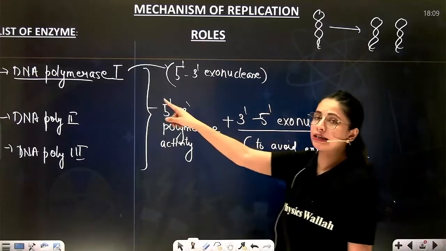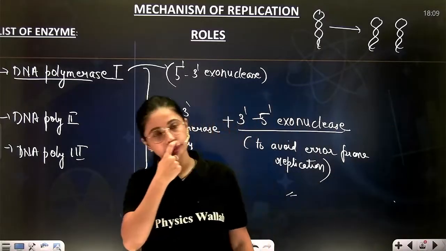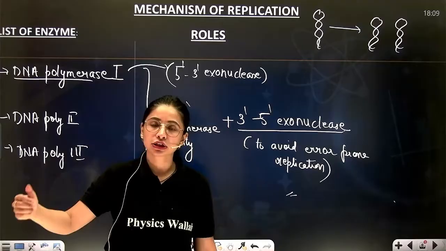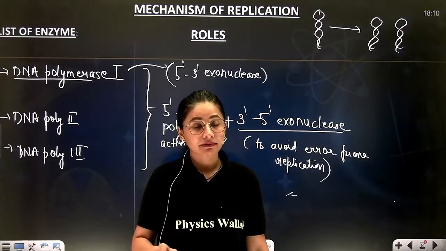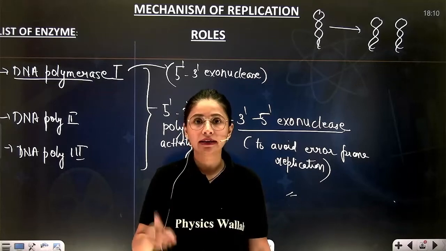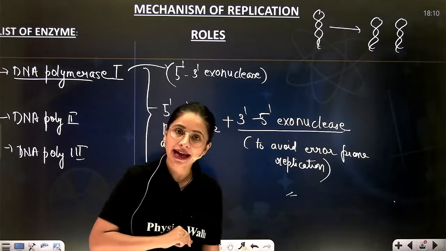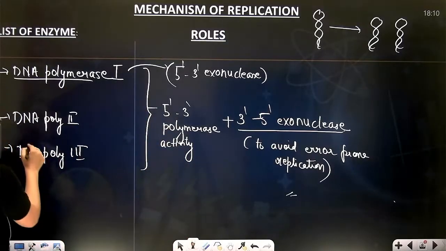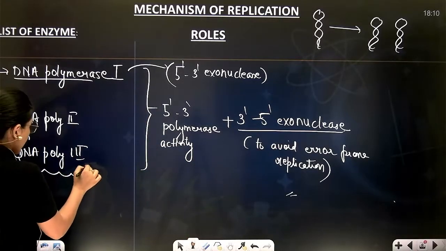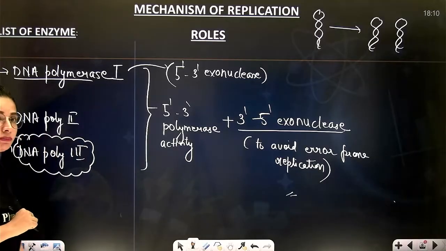Now, specifically for DNA polymerase 1, you have to remember that it has one special power called 5' to 3' exonuclease. That means it can cut the nucleotide from the 5' direction as well if required. Right? However, the most efficient and fast enzyme is DNA polymerase 3.